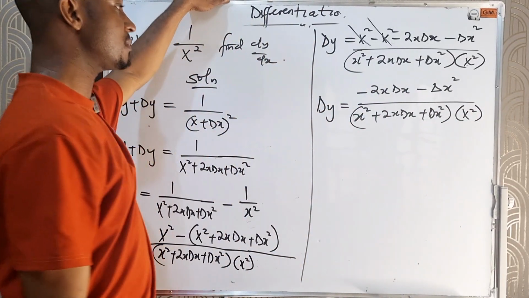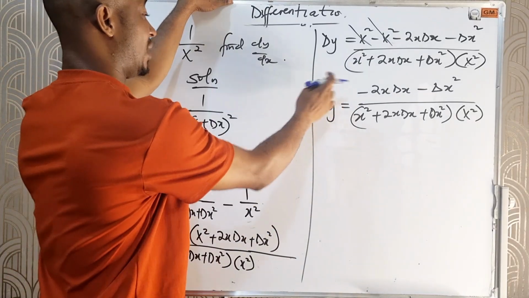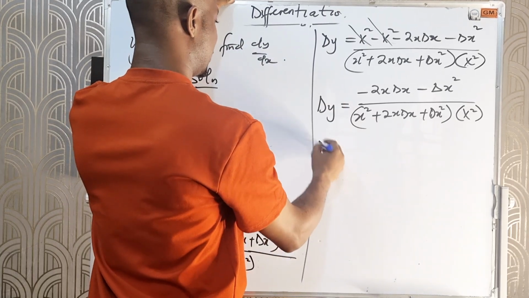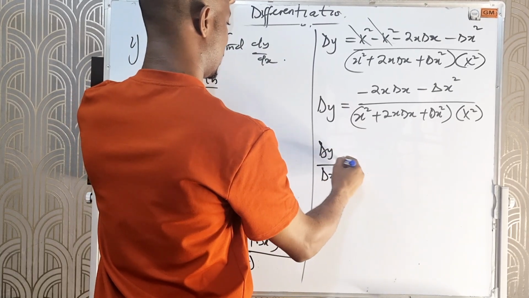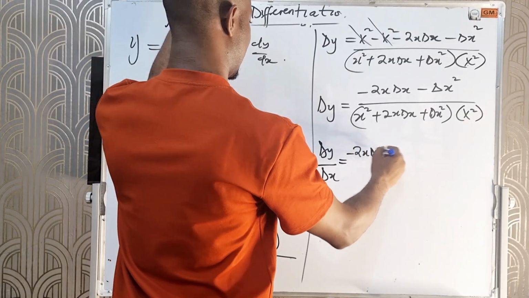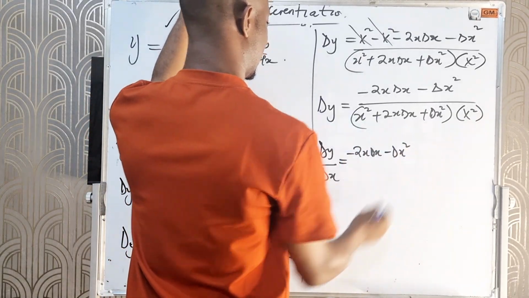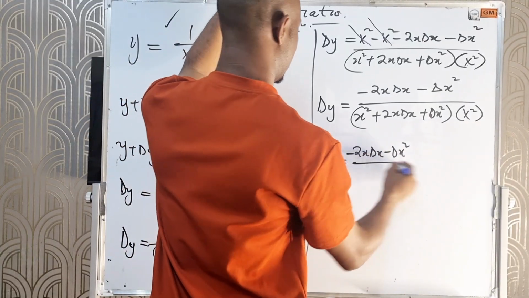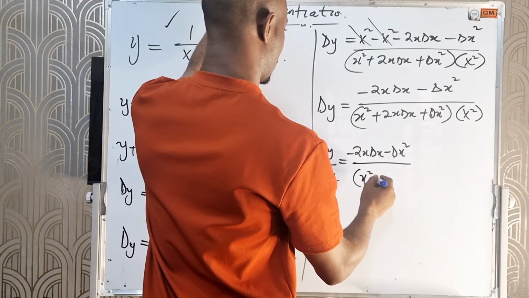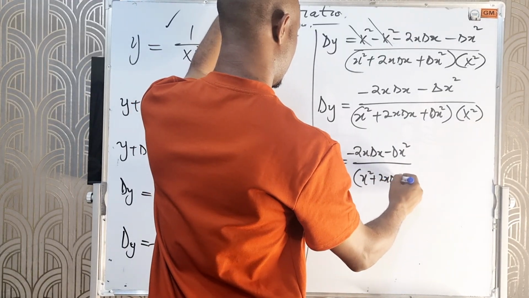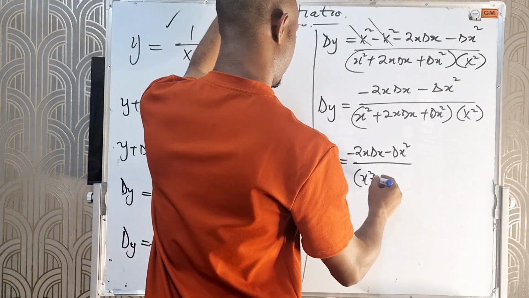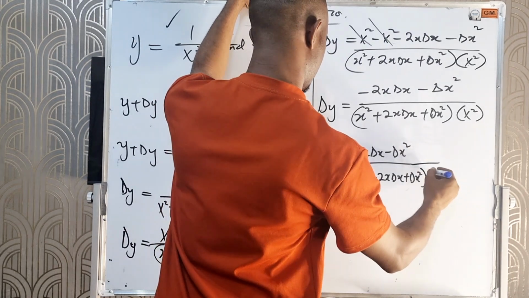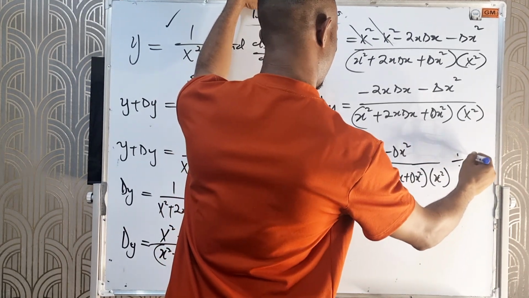Times s squared. The next is to generate delta y over delta x. So I will divide both sides by delta x, which is delta y over delta x equals minus 2s delta x minus delta x squared divided by s squared plus 2s delta x plus delta x squared times s squared, all divided by delta x.